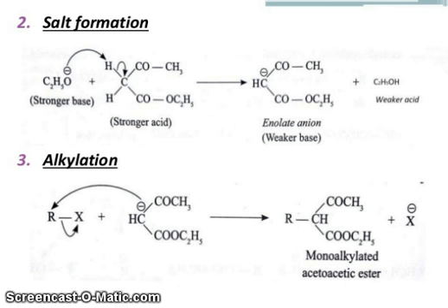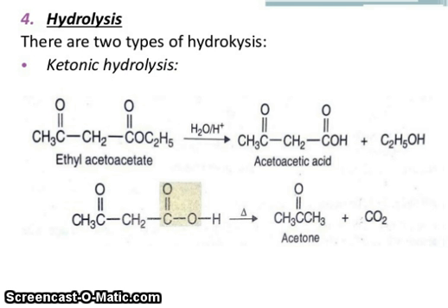Now salt formation. A strong base traps these protons, forming an enolate anion; a weak base also. Alkylation, you can see here, alkyl groups are attached to the methylene carbon, forming monoalkylated acetoacetic ester.